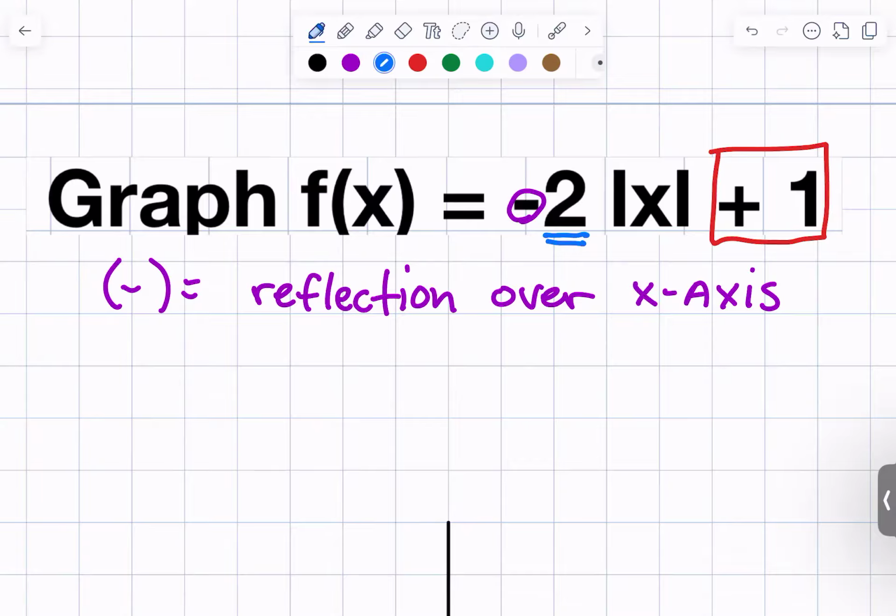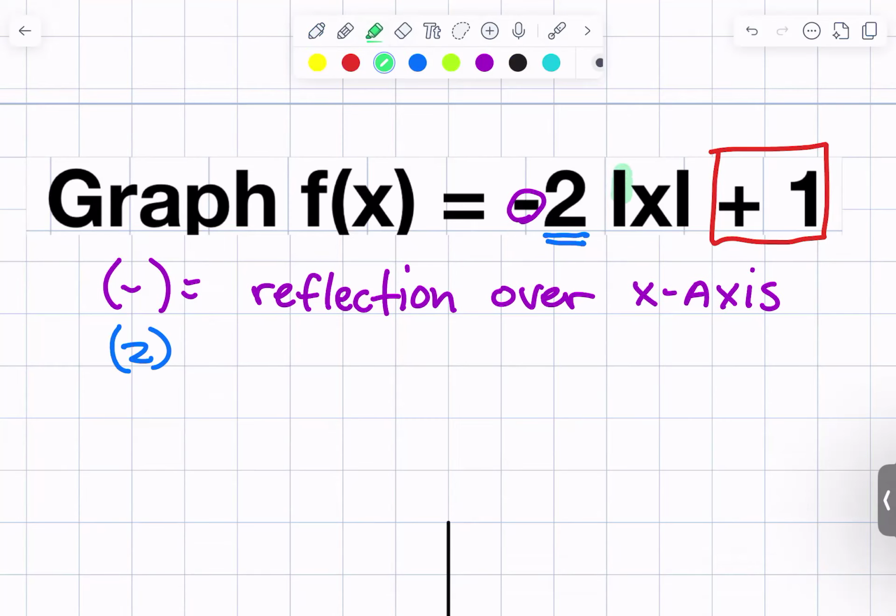The 2. What does the 2 do? 2 is on the outside and we're multiplying, right? We analyzed that from last week, correct? The 2 is being multiplied and it's on the outside. So if it's on the outside, we know it's vertical, correct? If it's on the inside, it's horizontal.